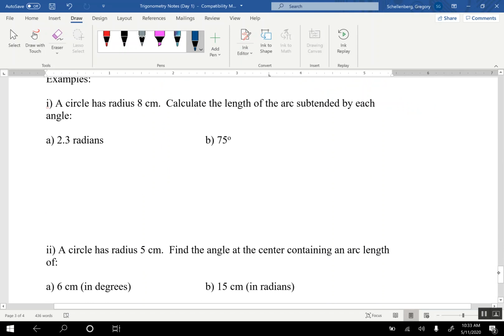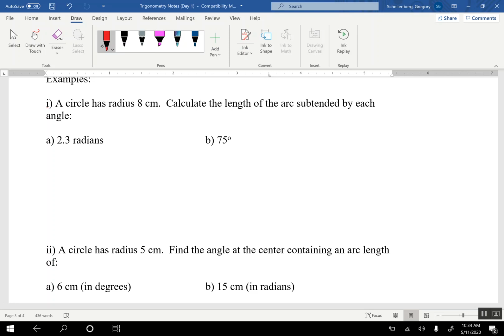We're told that a circle has a radius of 8 centimeters, and we want to calculate the length of the arc subtended by each angle. The first one is 2.3 radians, and the second one is 75 degrees.